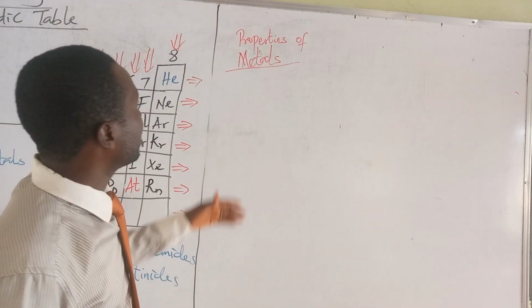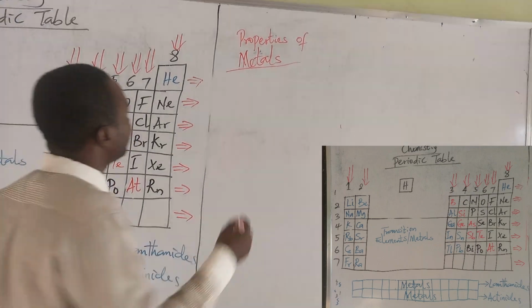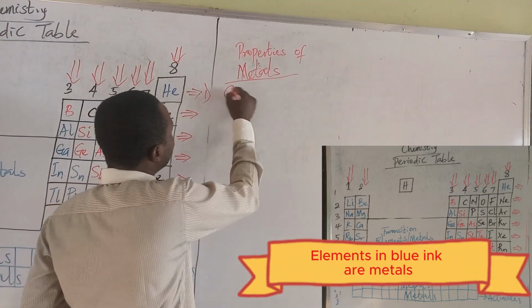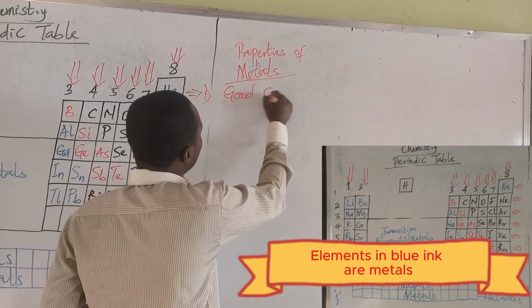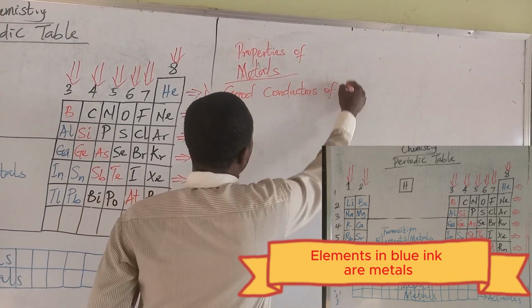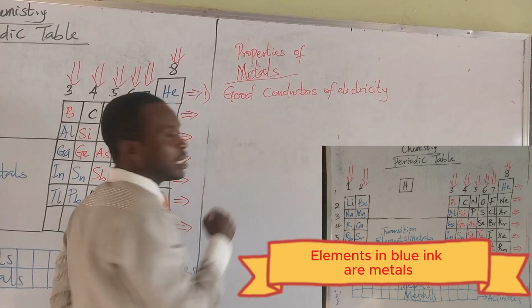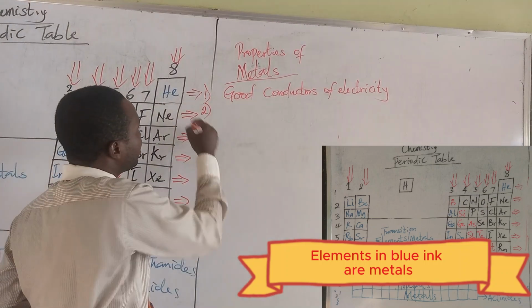Alright, so let's look at the properties of metals, those elements that are metals there. Number 1, we know that metals are good conductors of electricity.